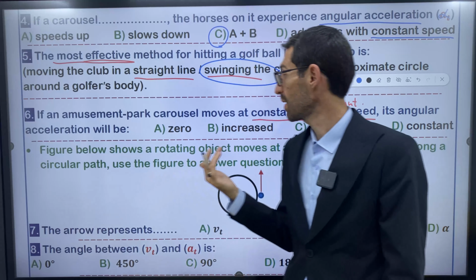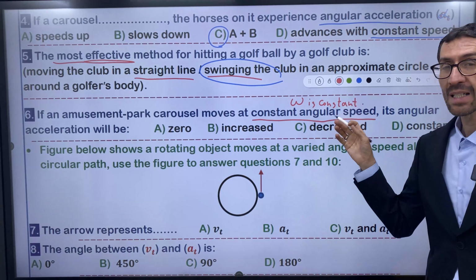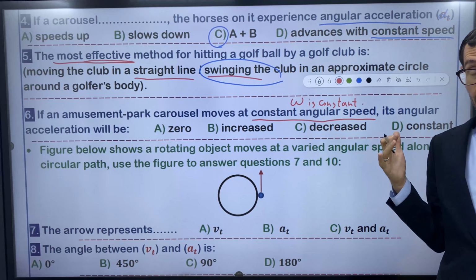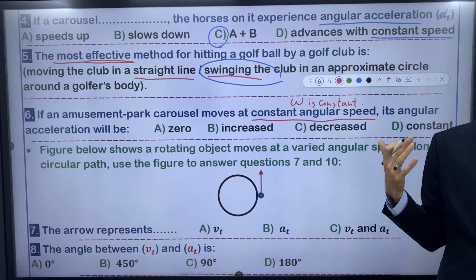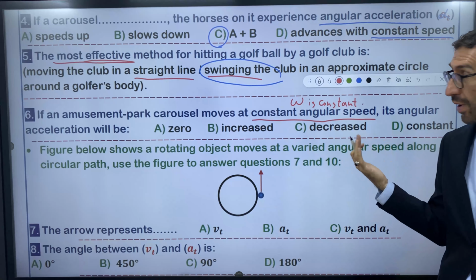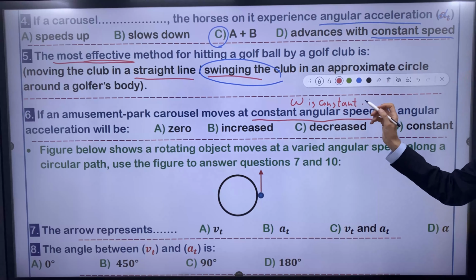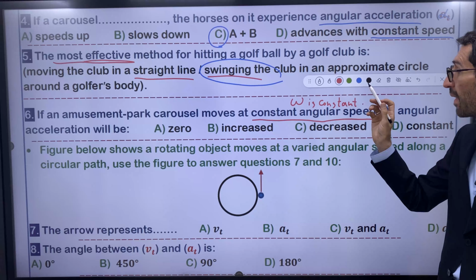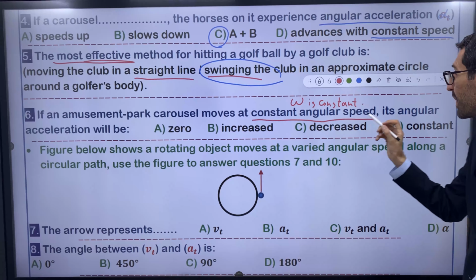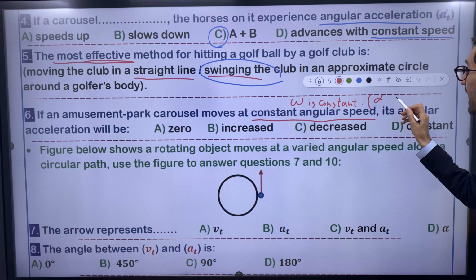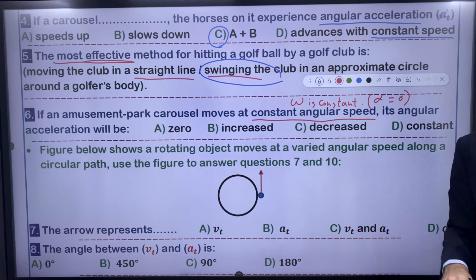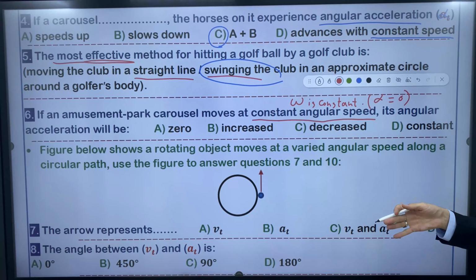So in this situation, is acceleration formed here or not? I don't think so. It means if omega is constant, in the case of constant angular speed, there is no acceleration anymore. Acceleration becomes 0 completely, right?